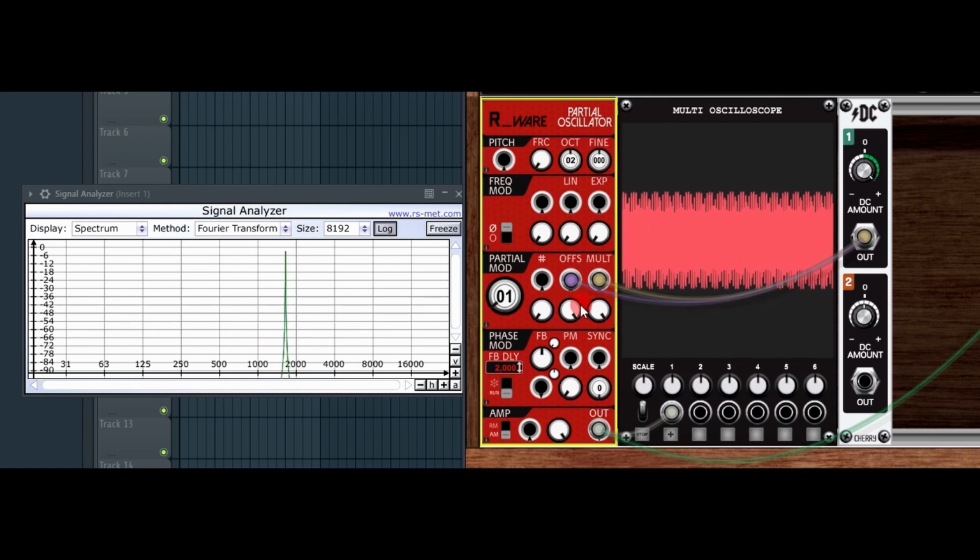But we have to take care when we want to get a certain frequency, because we have to know that the module adds at first. Now it's adding this 5 volt DC offset, and then it multiplies the resulting frequency.